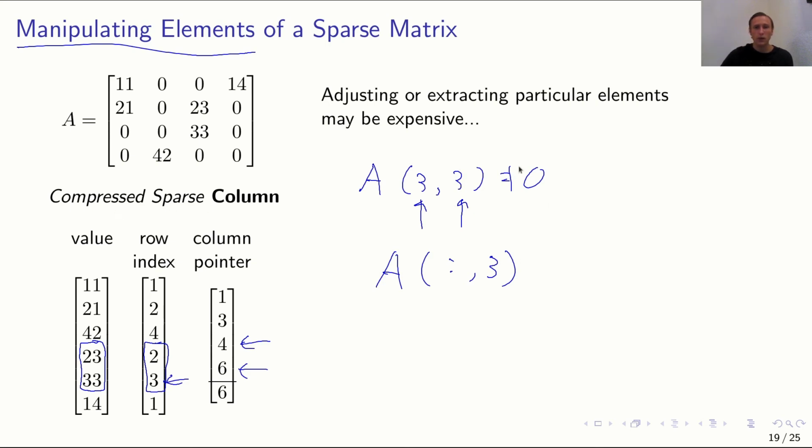Now, of course, if your goal is just to change this value of 33 to 10, it's not going to be very helpful to change the third column to 0, 23, 10, and 0. This is not going to be faster than this. But if you also want to change, for example, this value of 23 to say 20, then this is definitely going to be better than performing these steps in a row.